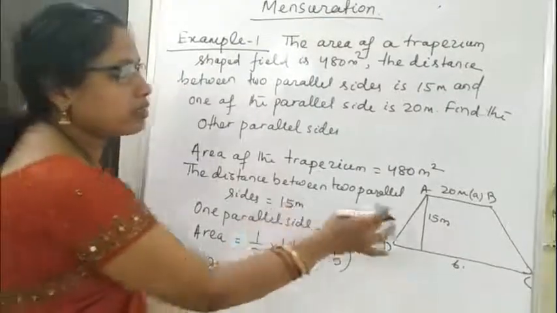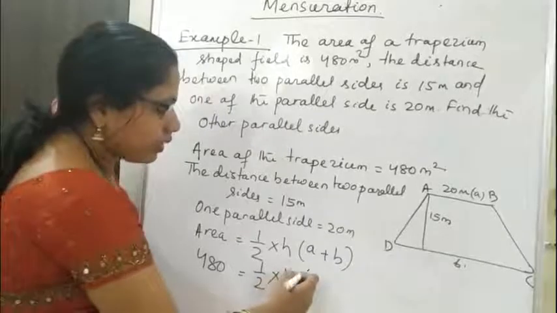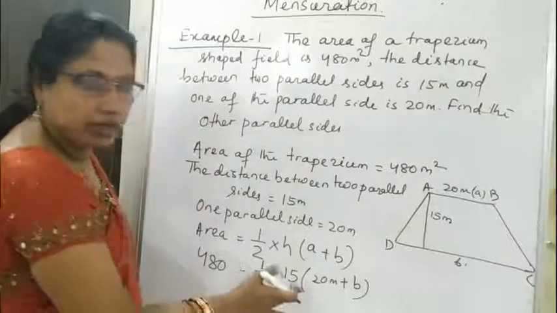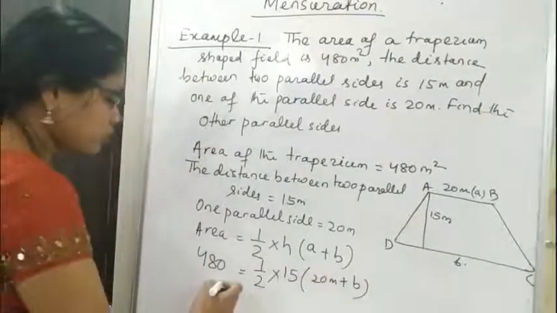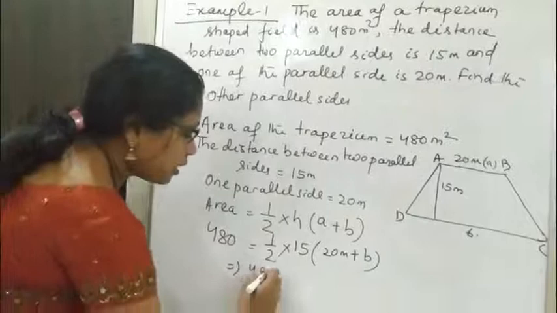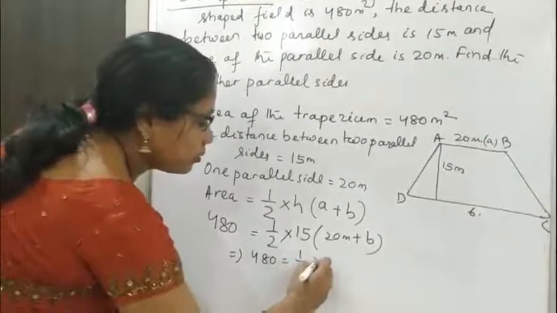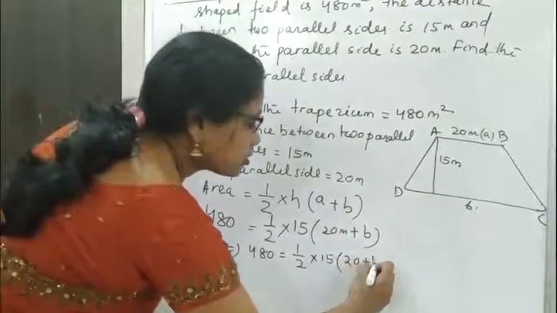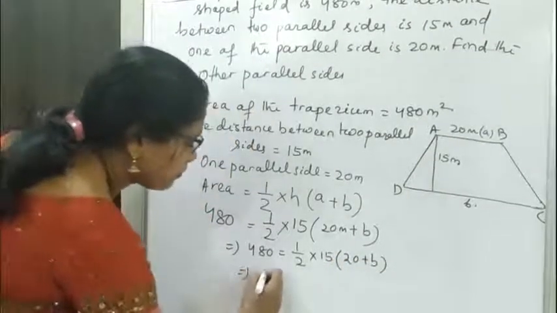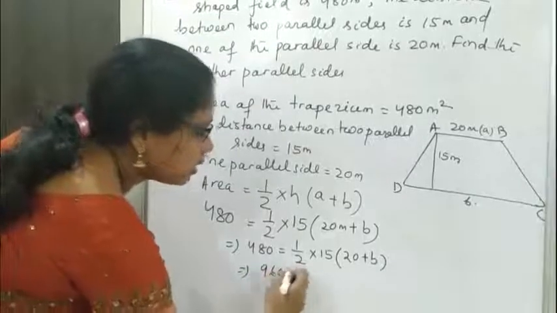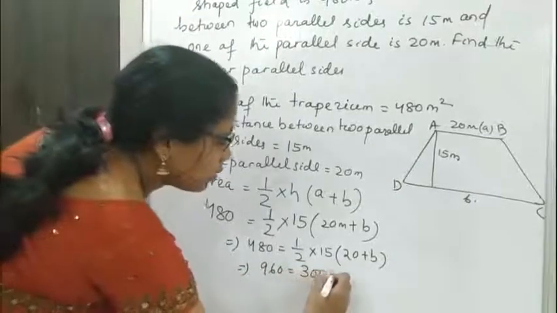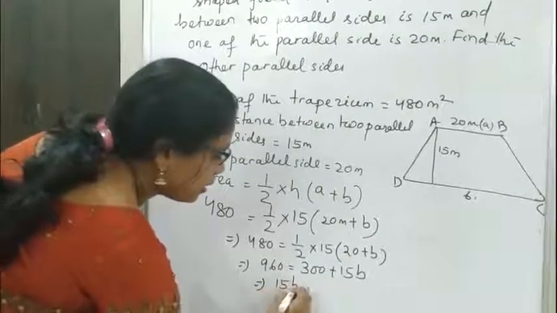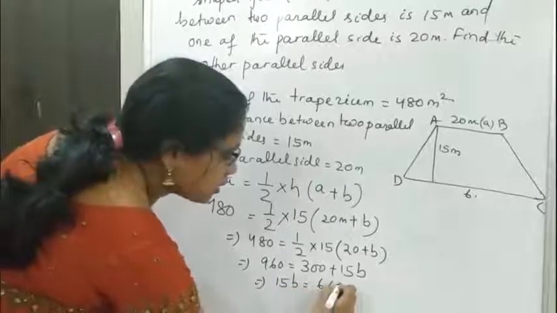So here height is given 15 meter and A is given 20 meter plus B. So then we shall solve for B. So this implies 480 is equal to 1 by 2 into 15 multiplied with 20 plus B. So 960 is equal to 300 plus 15B, or this implies 15B is equal to 660.